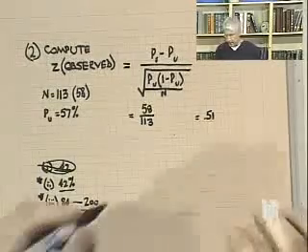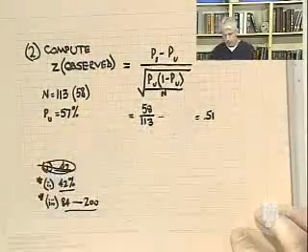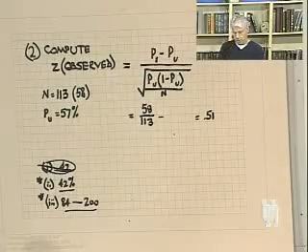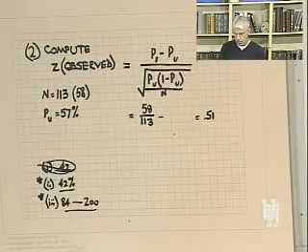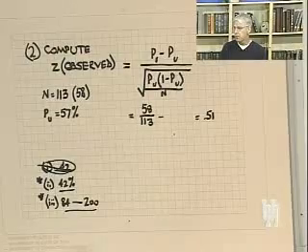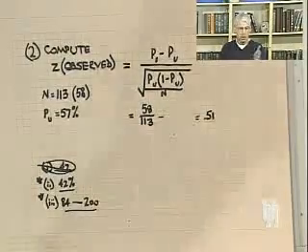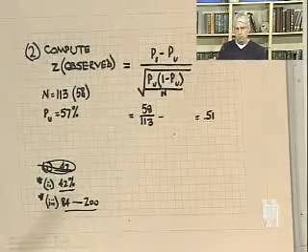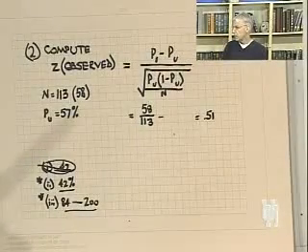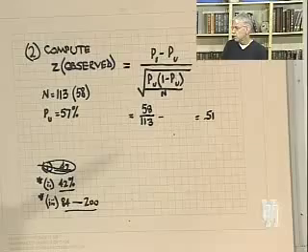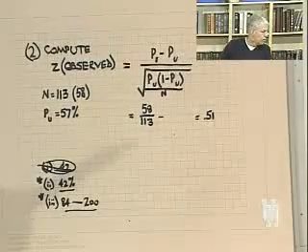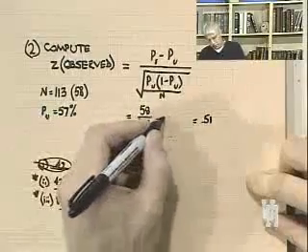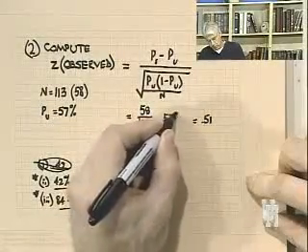What is the value then of P subscript U? 0.57. Any other ideas? P subscript U is 57%. Yes.